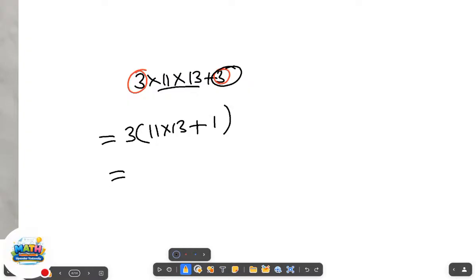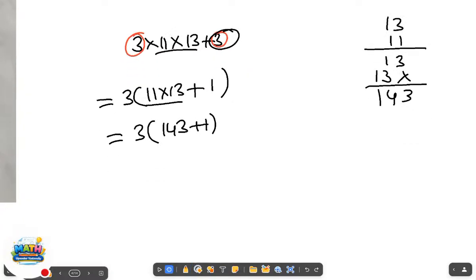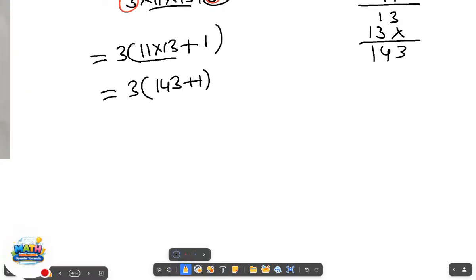So 3 into 11 into 13 plus 1. What do we get? 13 into 11 is 143, and plus 1 is 144. So 3 into 144.